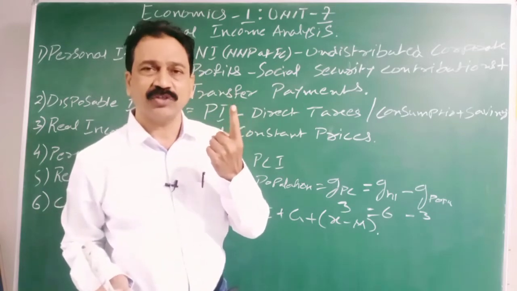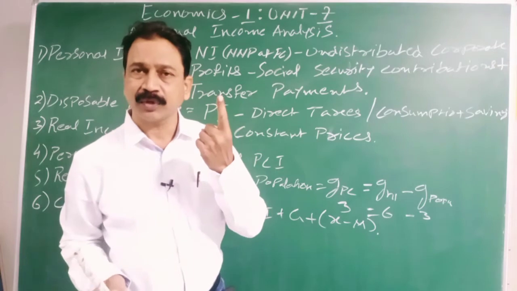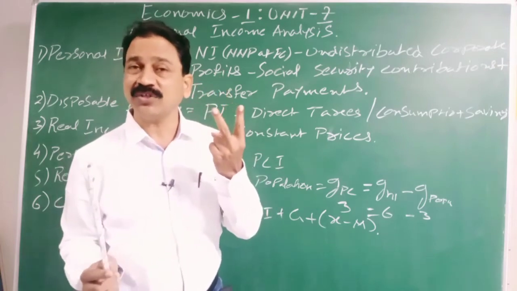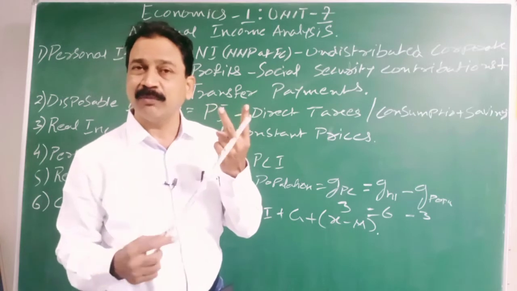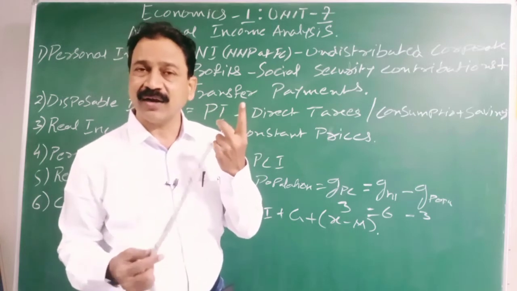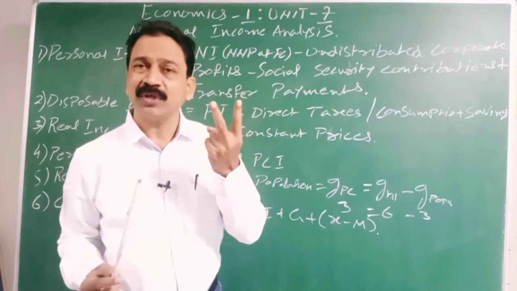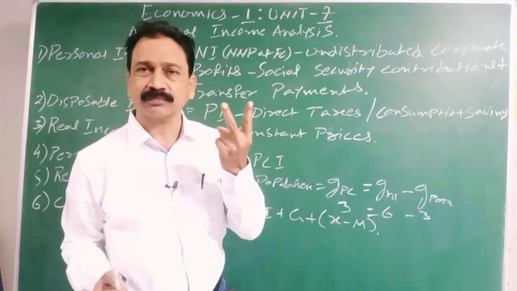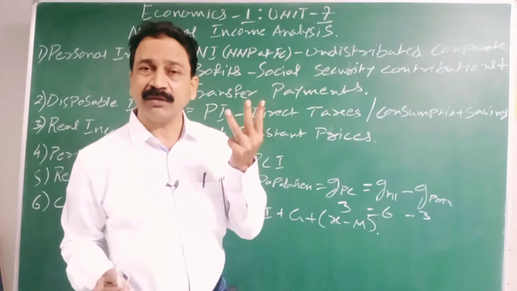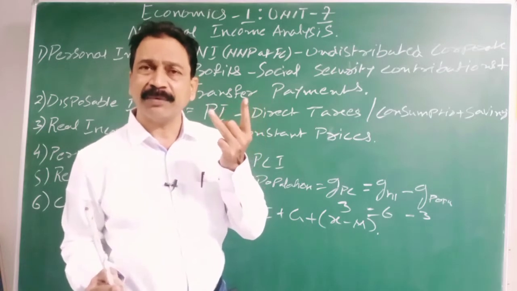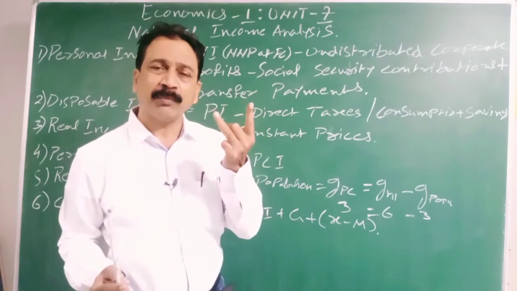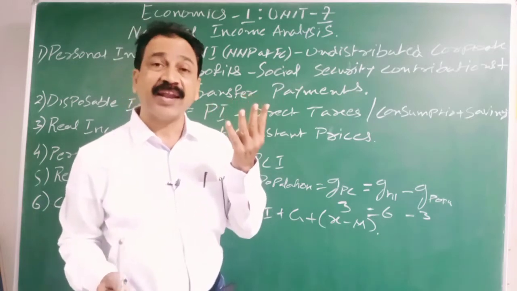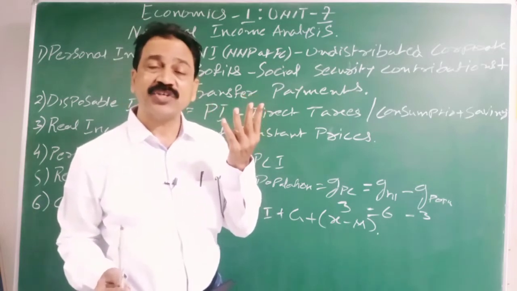There are 5: GNP at market price and GNP at factor cost. The difference is simple. Remove the indirect tax and add the subsidy, then it will become GNP at factor cost. GNP means gross national product. Next we have seen GDP. From GNP, if you remove net income from abroad, you will get the GDP. And next we have seen NNP, net national product.